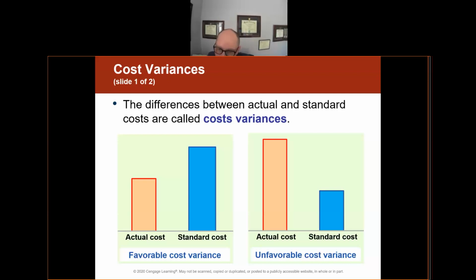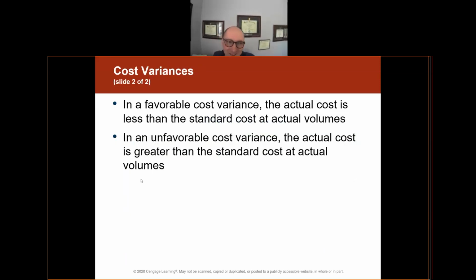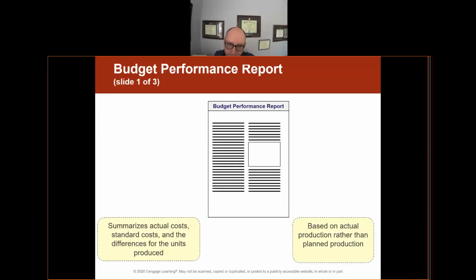All right. Unfavorable, not so much. You're spending too much. Way of thinking about it, right? So favorable if the actual comes in under the standard. Unfavorable if the actual is greater than the standard. That's how the variance works. Remember, the word variance means difference.